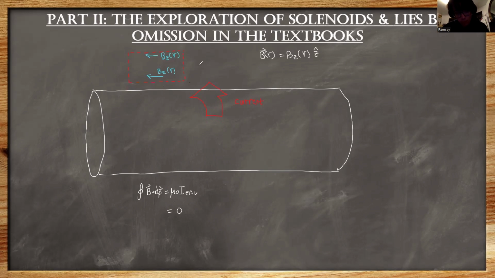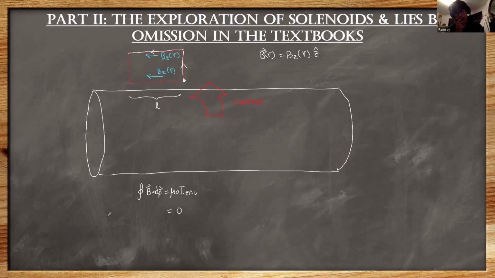Then the left hand side could be broken into a series of walks. We could walk from there to there. How much circulation would that give us? None, there's no field in that direction. Then we could walk in this direction. We give this a length, we'll call it L. It'll give you some positive circulation because you're walking with the B field.